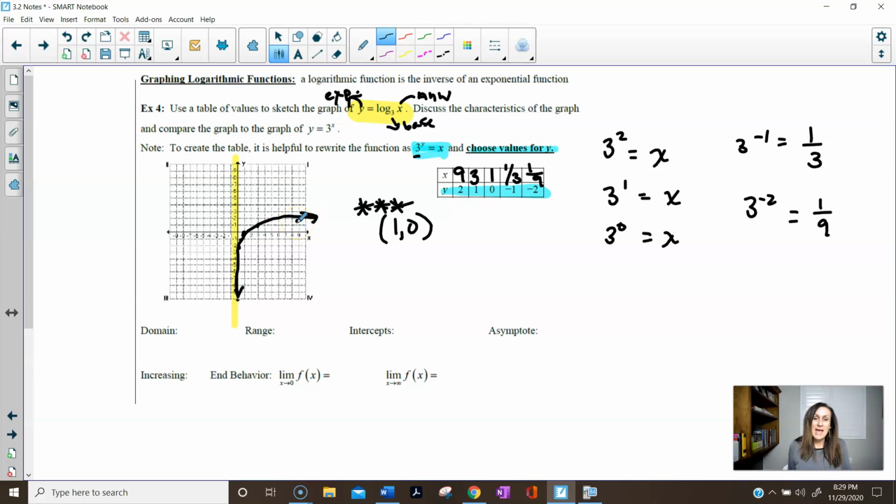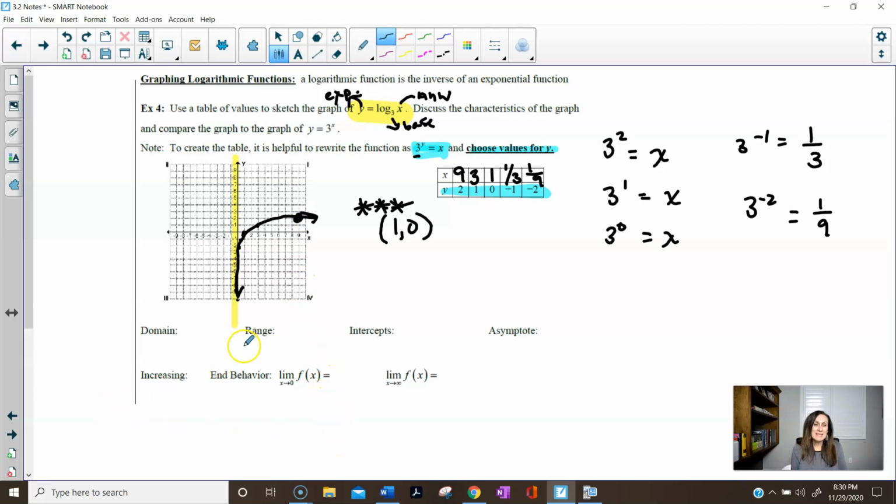All right. And so there you go. When you have base 3, you're going to find it's right 3 and up 1. If you have a base 5, it's right 5 up 1. When you have a base 10, it's right 10 up 1. And here's what your logarithmic graph looks like. Sort of, kind of missed that point right there. Make the point bigger and then it will go through it.